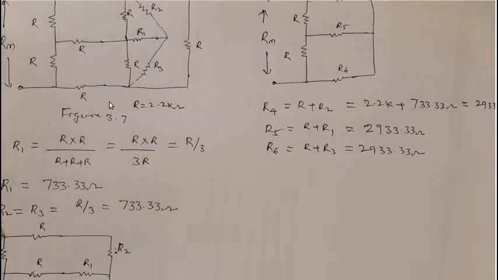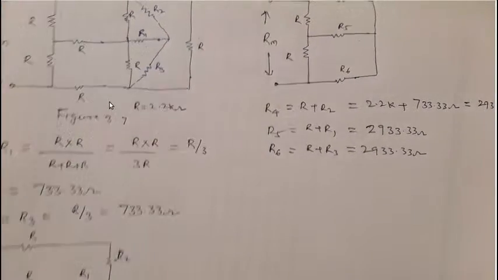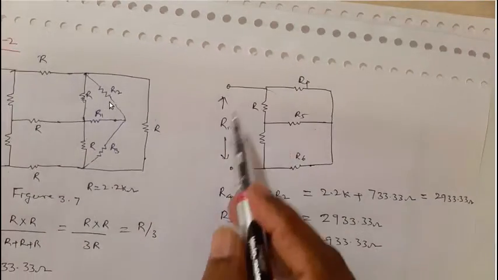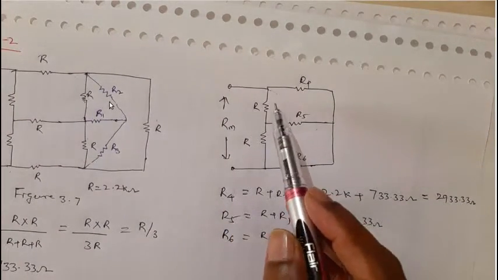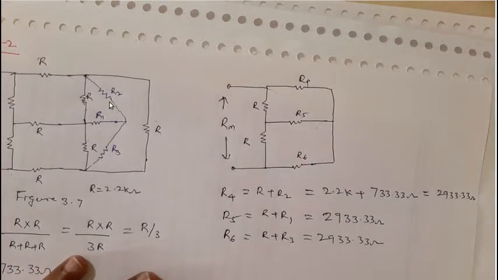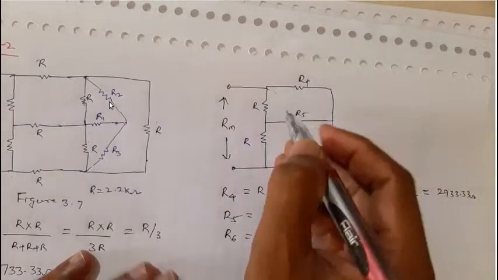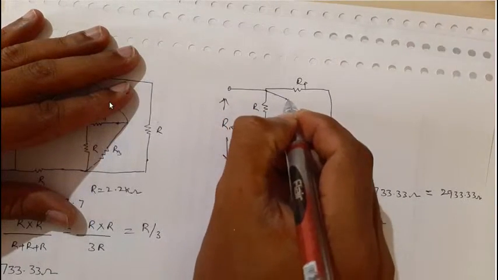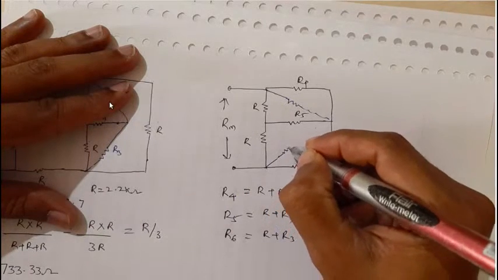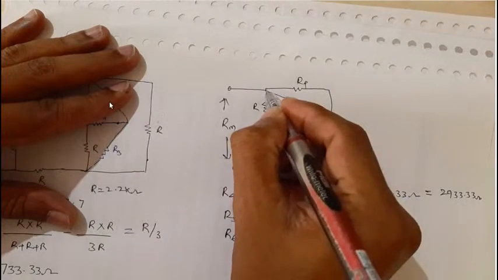So now very simple, what I do: this particular network contains a T resistance here. I'll convert this T network to an equivalent delta network like this, and this is another one.